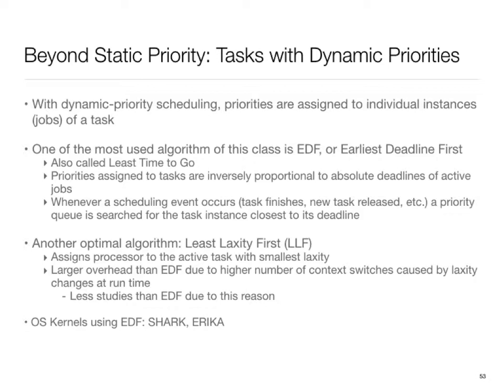Earliest deadline first is really referring to the earliest absolute deadline. If I were to mark out the deadlines on a time scale, UTC let's say, task 1 has a deadline of 5 p.m., task 2 has a deadline of 5:02 p.m., and so on. Now we are talking about which one has the earliest deadline on that time scale. So you can also think of it as least time to go.